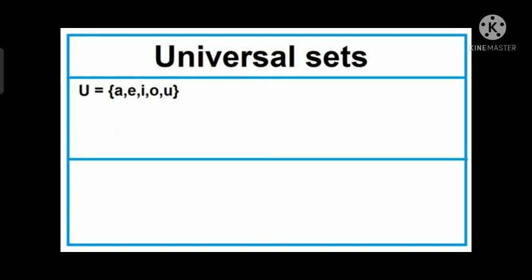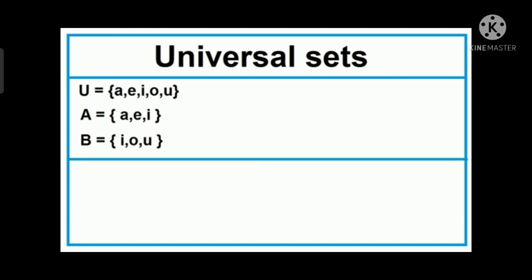All other sets are subsets of the universal set. Set A is a proper subset of set U. Set B is also a proper subset of set U. All the elements of sets A and B are also found in the universal set.